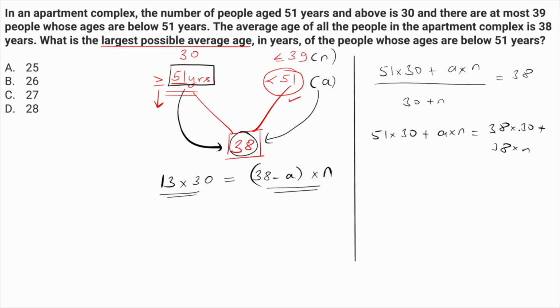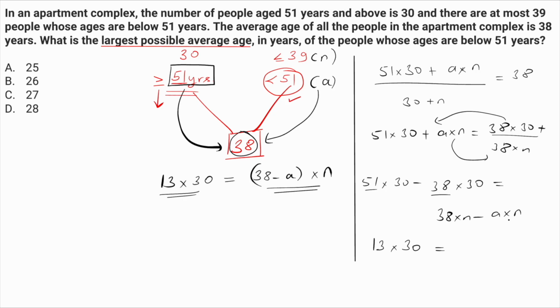Take all the like terms together. 38 into 30 you can take on the left hand side, and a into n you can take on the right hand side. So left hand side becomes 51 into 30 minus 38 into 30, which will be equal to, right hand side, 38 into n minus a into n, right? So left hand side is 51 minus 38, 13 into 30, is equal to, on the right hand side you can take n common, 38 minus a. You get the exact same relation but a little more complicatedly, right?